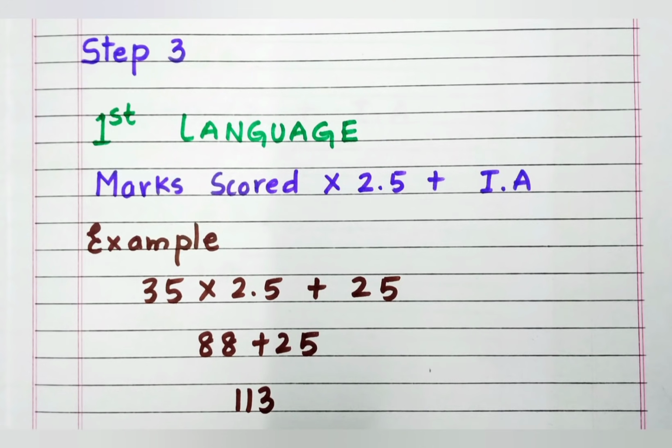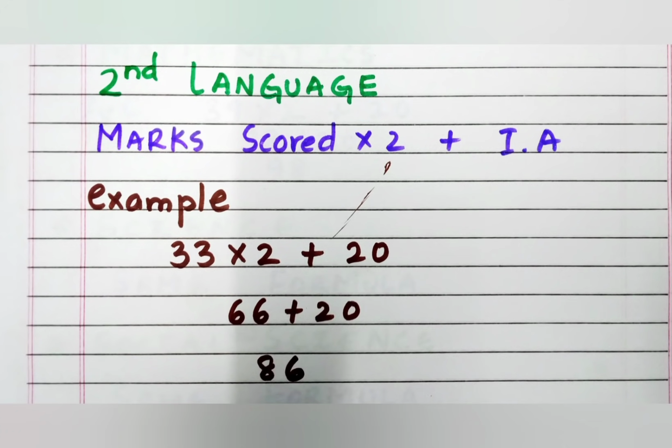This is how you calculate the marks for first language: marks scored by you multiplied by 2.5 plus internal marks. For second language, whatever the marks scored by you, multiply by 2 and add internal marks. For example, if a student scores 33 marks in second language, multiply by 2, you get 66. For 66, you should add the internal marks scored by you.